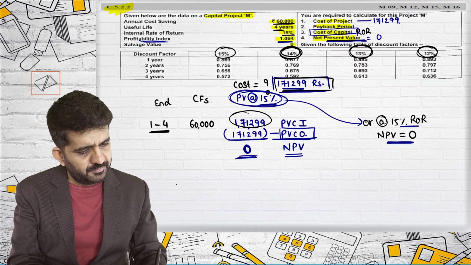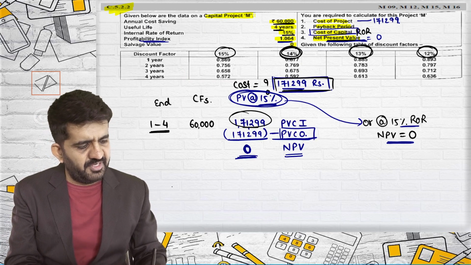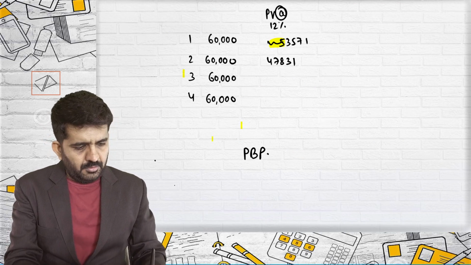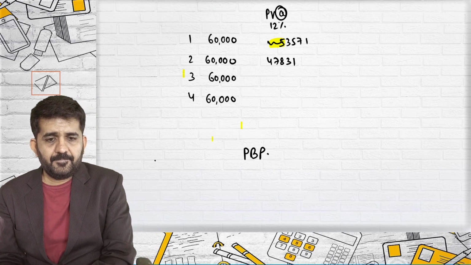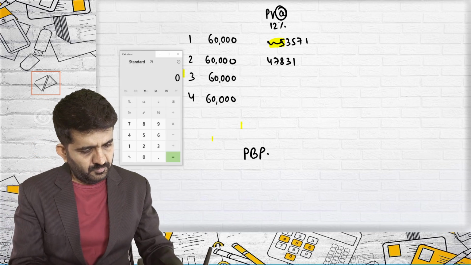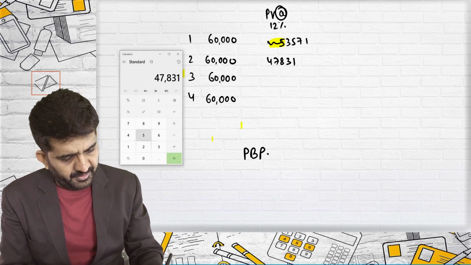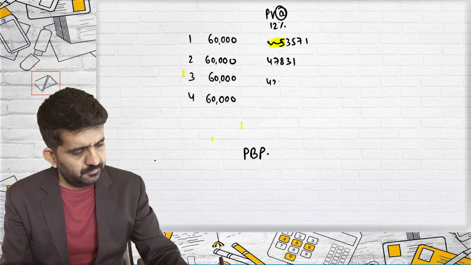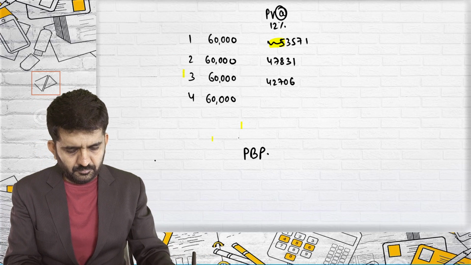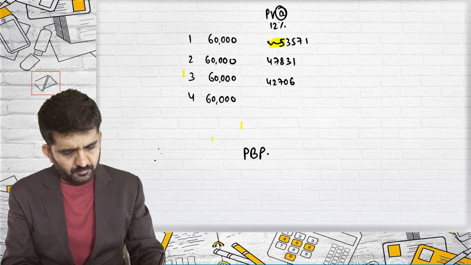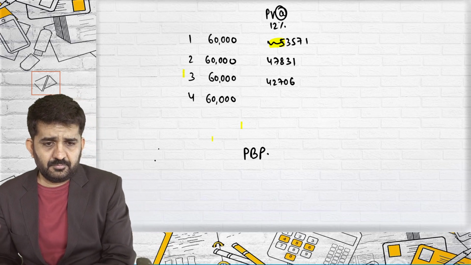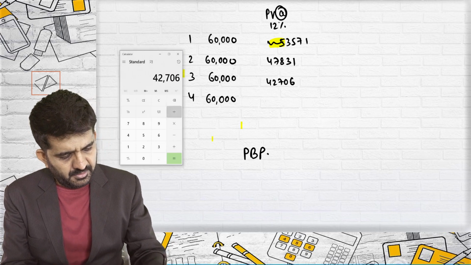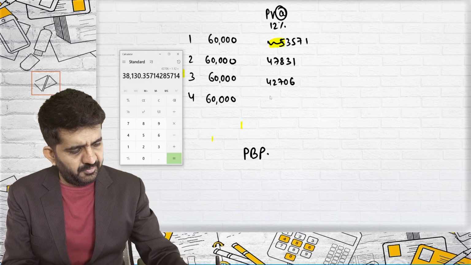I need to recover how much? 171,299. 47,831 divided by 1.12 is 42,706. Divided by 1.12 is 38,130.